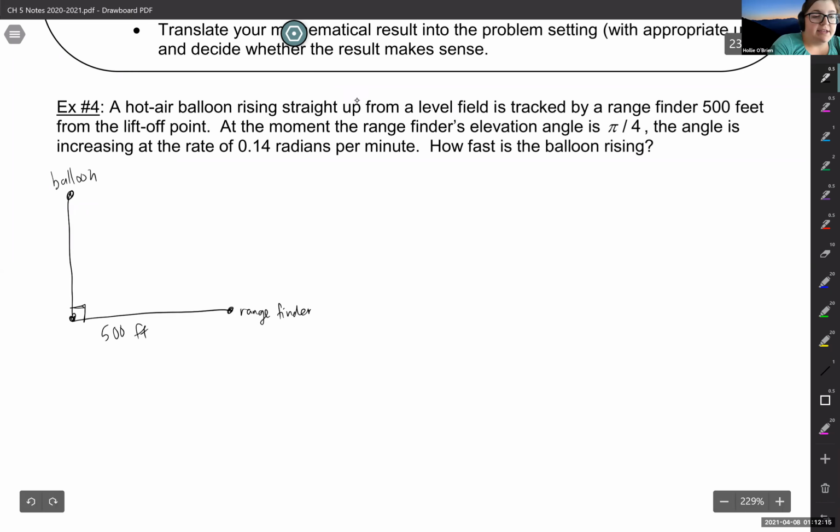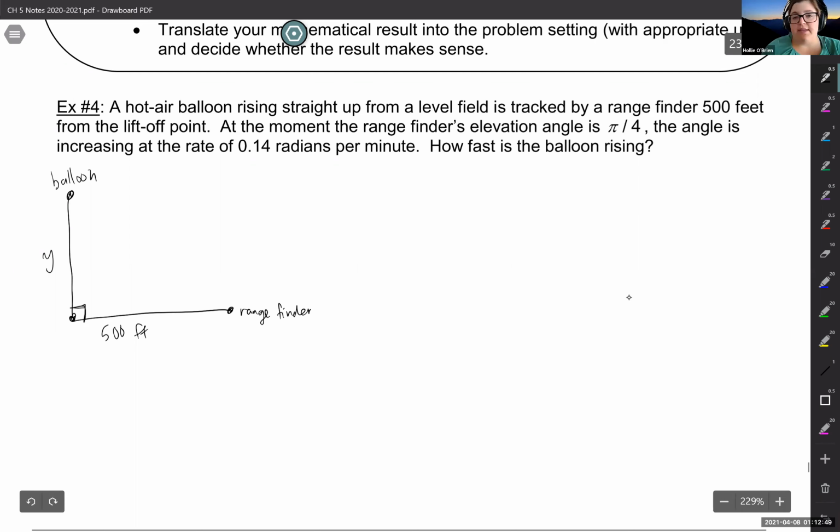So it's lifting straight off. So we know this is a 90-degree angle. All right, balloon goes straight up. The rangefinder straight across 500 feet. It's helpful to label, okay, the balloon is going up. So I'm going to say the height is going to be Y. I feel like once we draw the picture, it gets so much easier because then you can see what's going on.